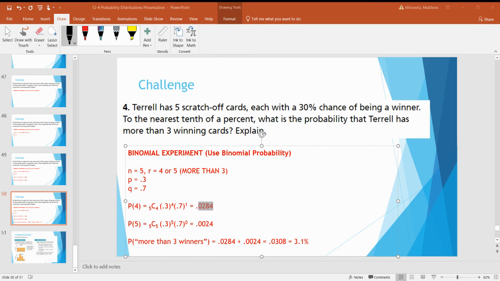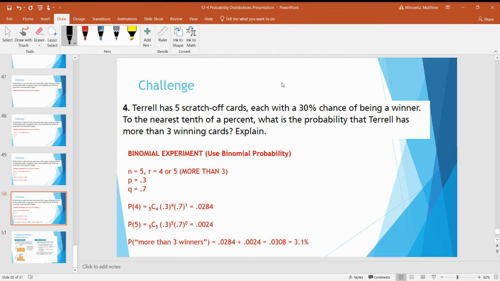If you eliminated the 4s in both of them and then added, you'd wind up with 0.03, which is 3%. So no rounding errors. We can avoid those. We can do binomial probability. We can do multiple binomial probabilities and then add them together to get probability of more than 3 winners.